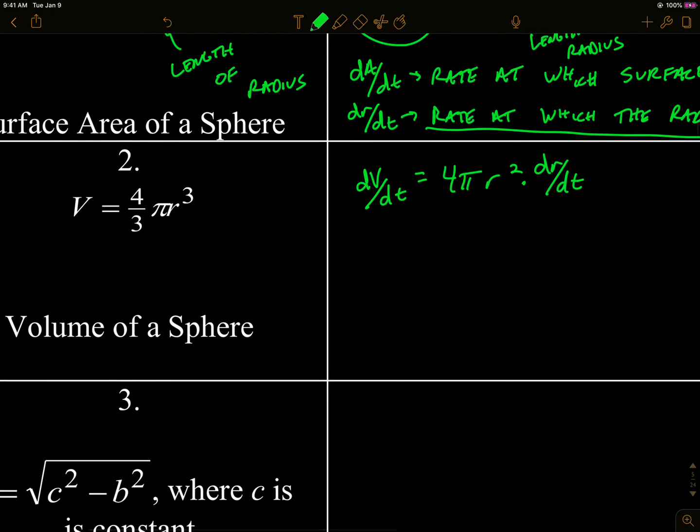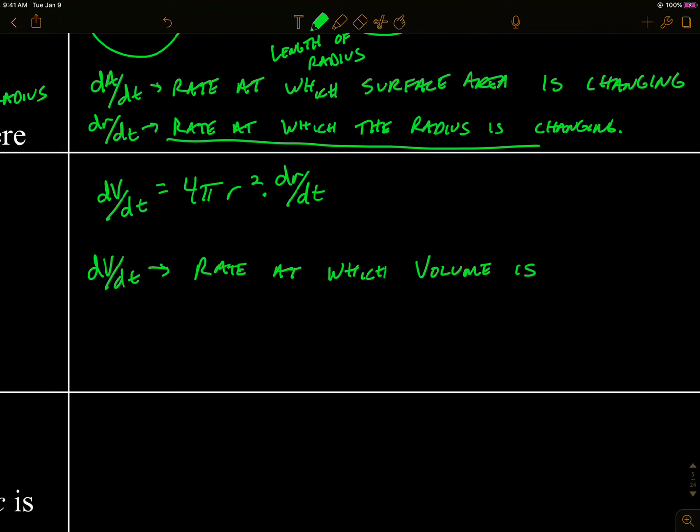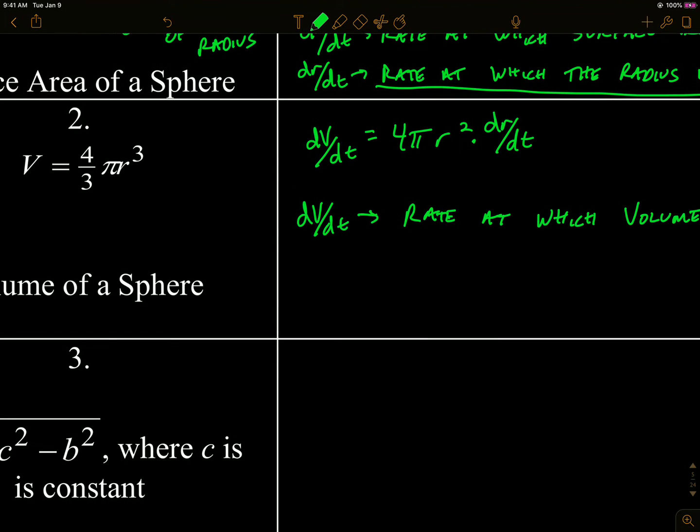What do the dV/dt and the dr/dt mean? Same thing here. dV/dt represents the rate at which, put an arrow, volume is changing. dr/dt is the rate at which the radius is changing again.